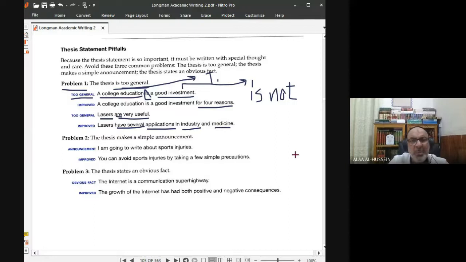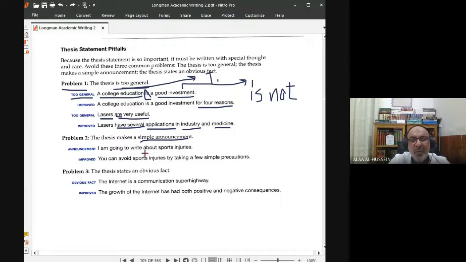The second problem is that a thesis sentence should not be a simple announcement. Never announce your thesis sentence, like saying, for example, I'm going to write about sports injuries. Why?